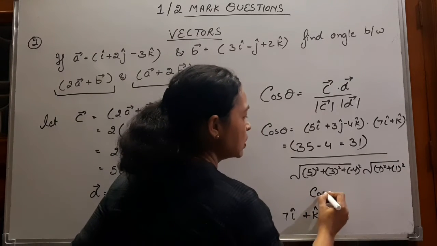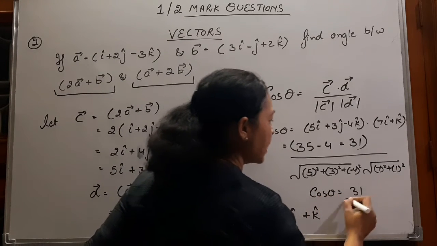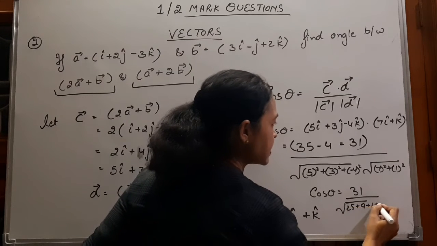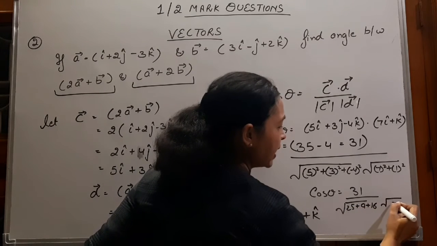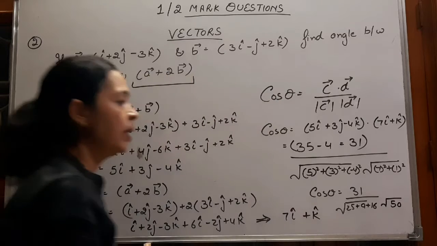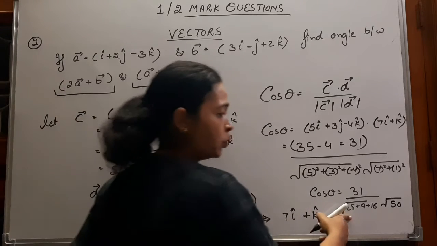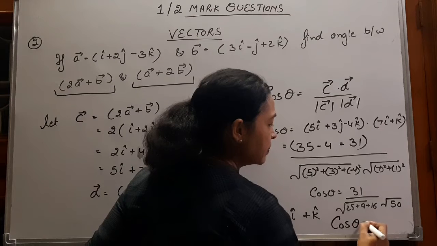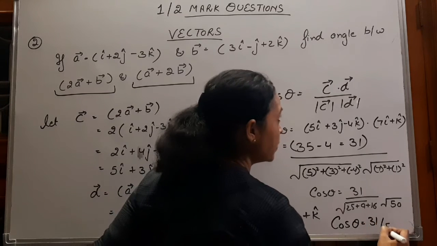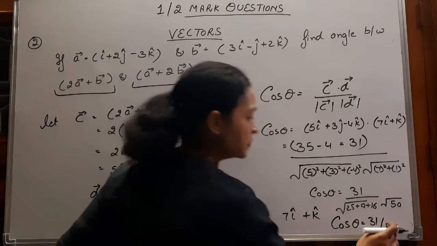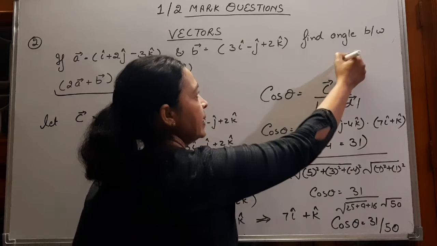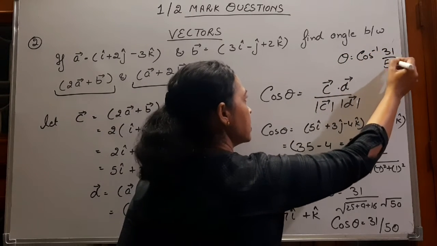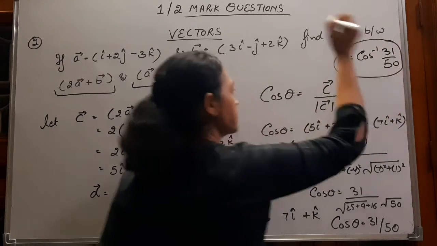We have cos theta equals 31 by 25 plus 9 plus 16, and 49 plus 1, 50. 25 plus 25, root 50. Root 50 into root 50 is 50. Cos theta is 31 by 50. And what is theta? Theta is cos inverse 31 by 50. This is our final answer.